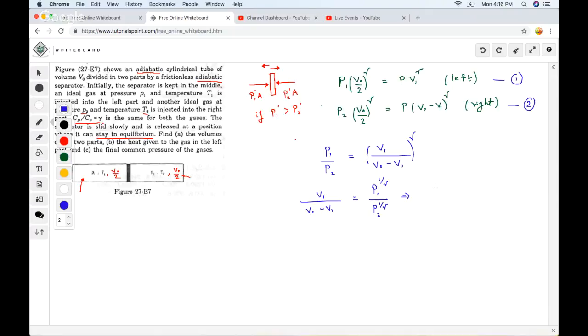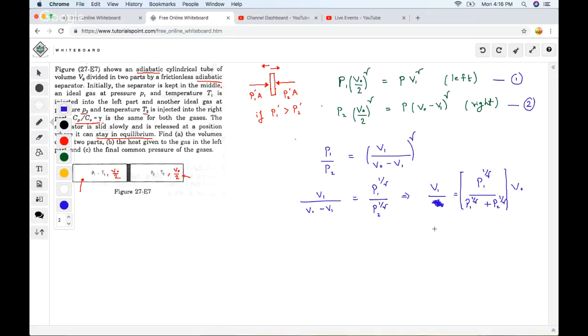This will give you V1 divided by V naught equals P1 raised to power 1 by gamma divided by P1 raised to power 1 by gamma plus P2 raised to power 1 by gamma. So V1 will be this multiplied by V naught. You can see that this is the kind of expression you will get for V1.